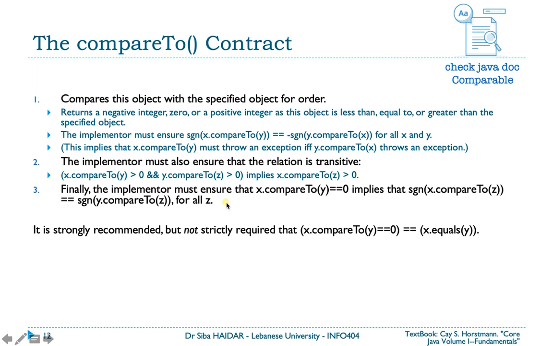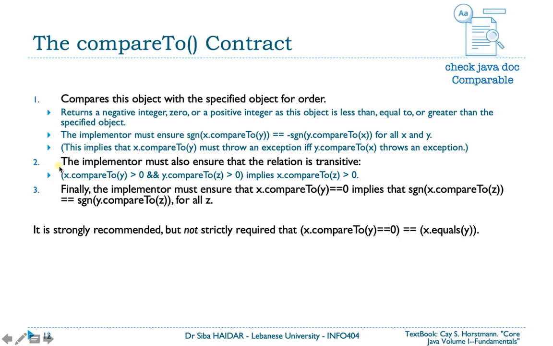So let us first recapitulate the 3 points of the contract. If you compare x to y, x.compareTo(y), you must return a negative number if you consider x to be less than y, a zero if you consider them to compare equally, and a positive number if you consider that x is greater than y.